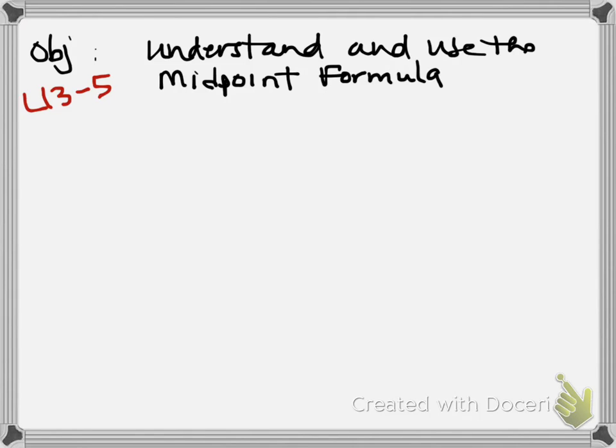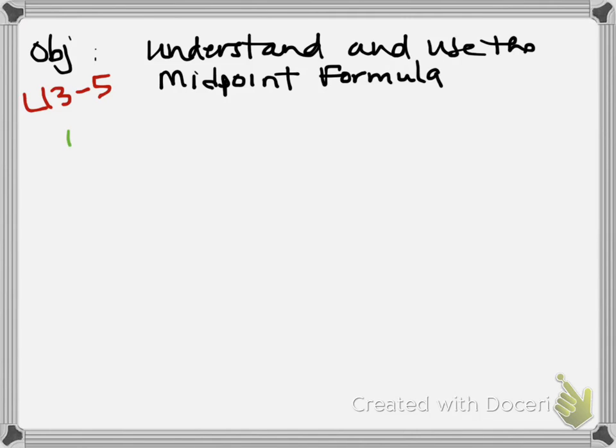So just a recap, midpoint theorem, Chapter 2 said, if M is a midpoint of segment AB, then the length of AM is equal to 1/2 the length of AB, and MB is equal to 1/2 the length of AB.